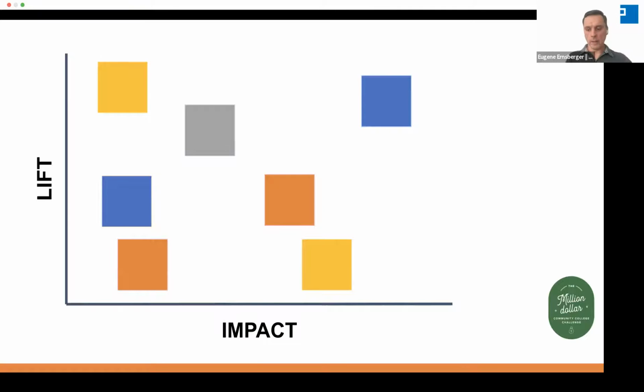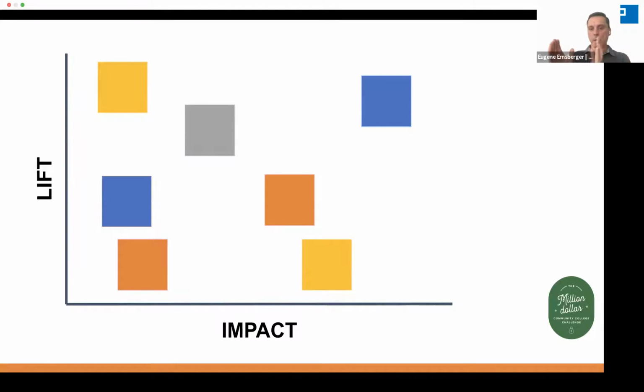So you may find that some things end up high impact but high lift, and you might have to weigh, okay, what are our resources right now? Is that something we can tackle now, or is that something we need to address later? You can find things that are low lift and low impact, and maybe that just becomes something on a list of short-term solutions or things that you can address as you have time.